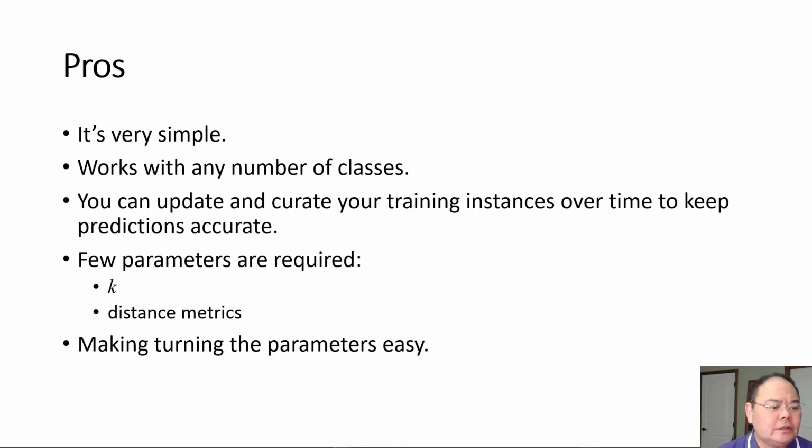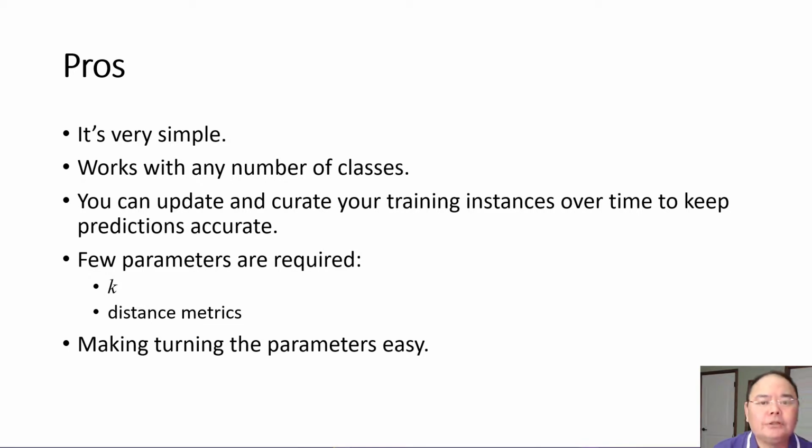And you can also update your training instances over time. That means today's testing or validation data can be the training data in the future, so your model becomes more and more experienced while you add more data into the training set.